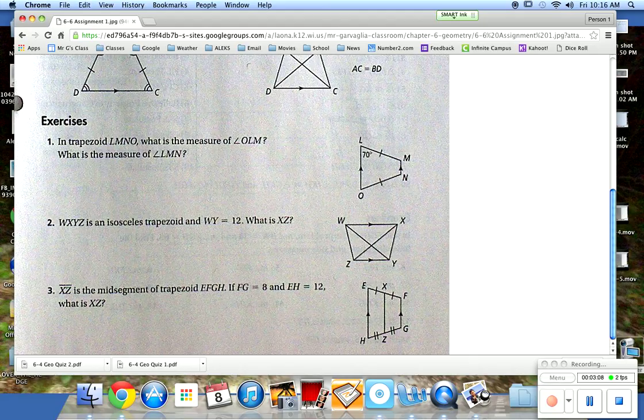If you take a look at number 1, what kind of trapezoid is this? Is it just a trapezoid? They're all trapezoids, right?